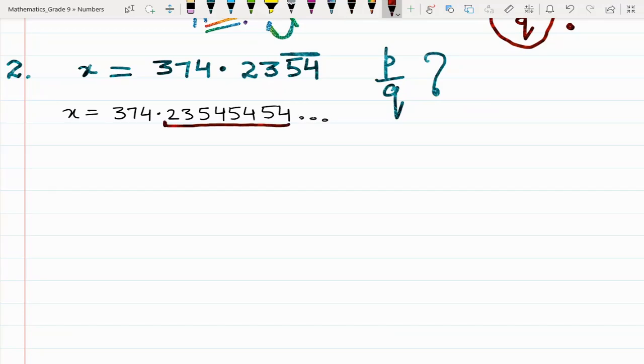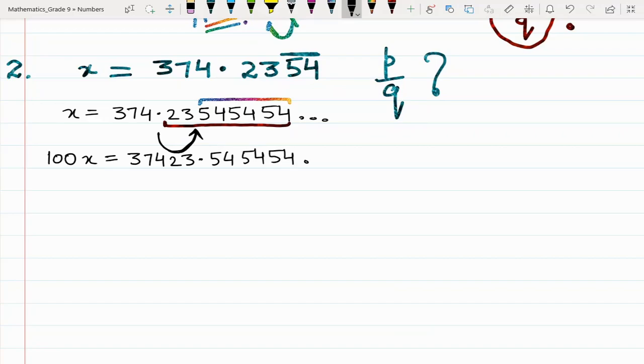So let's keep only the repeating part after the decimal. So for that, my decimal should move 2 places to the right. So for shifting 2 places, I need to multiply the equation with 100. So you will get 100x equals to 37423.5454 and so on. Let's put it as equation number 1.